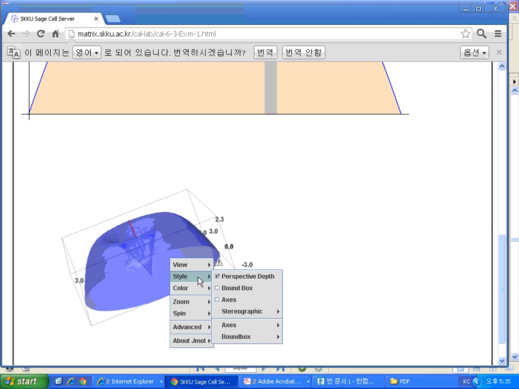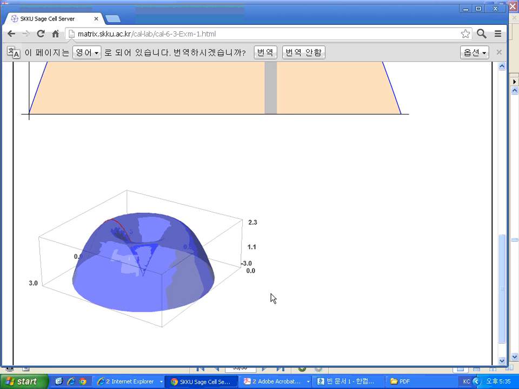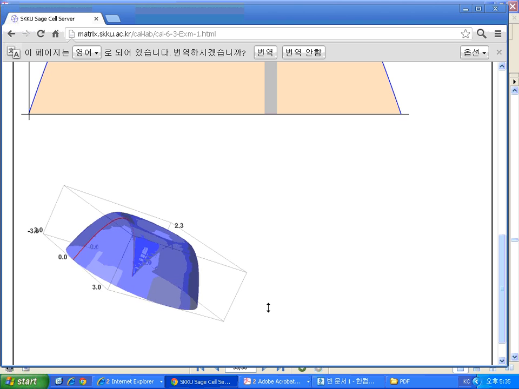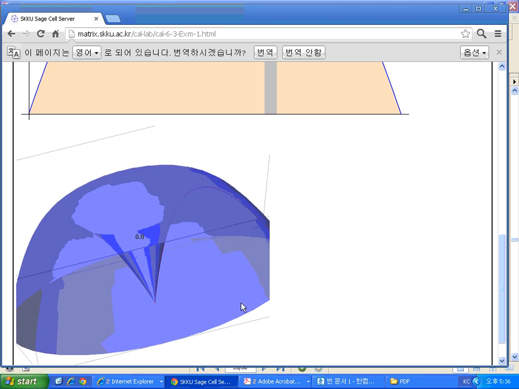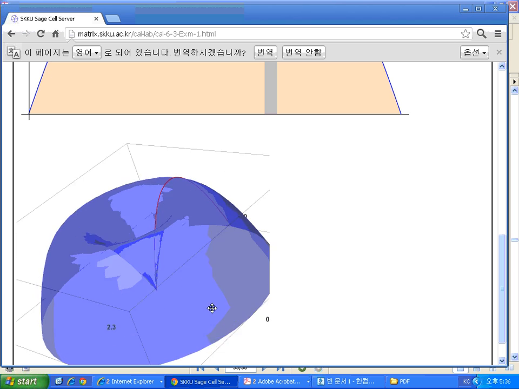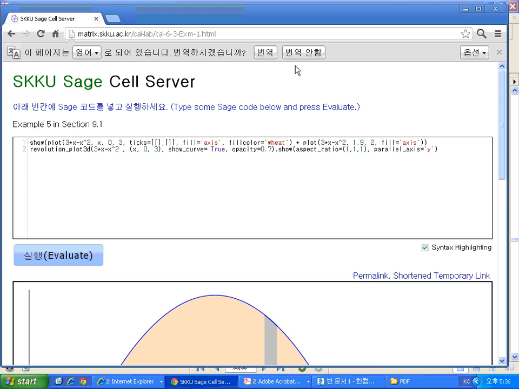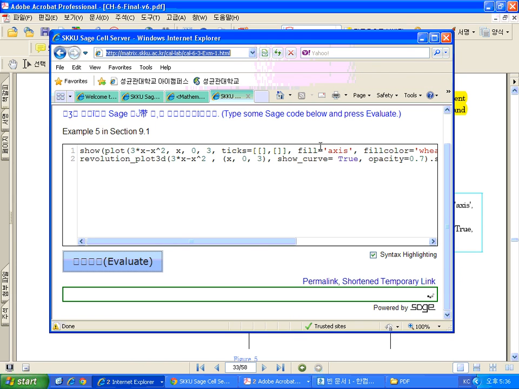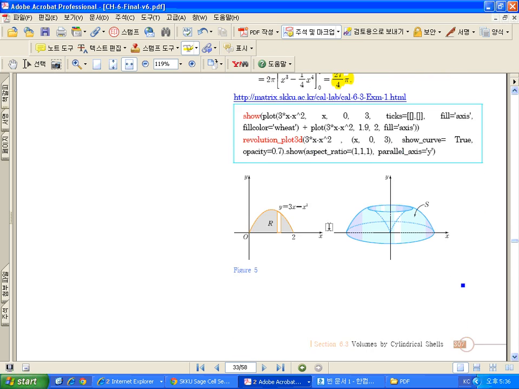We are looking for the volume of this object, and that's what we found. The answer was given, as we see here, as 27 over 4 pi, just by integrating this function from 0 to 3.